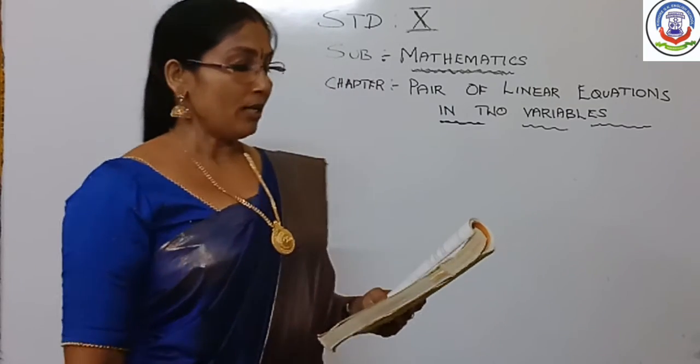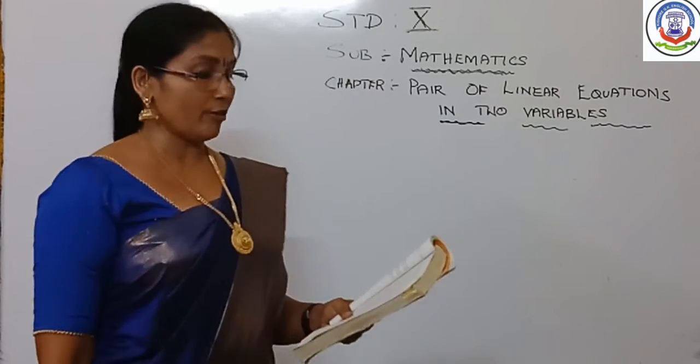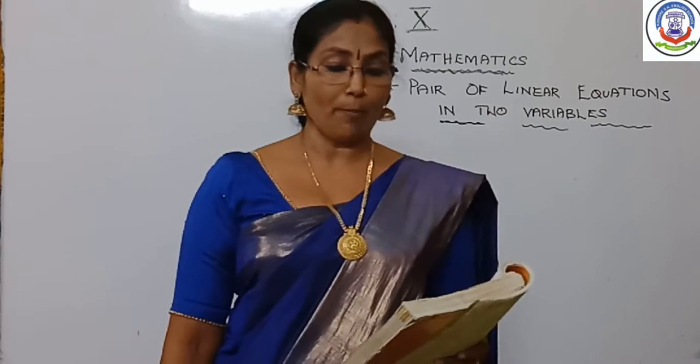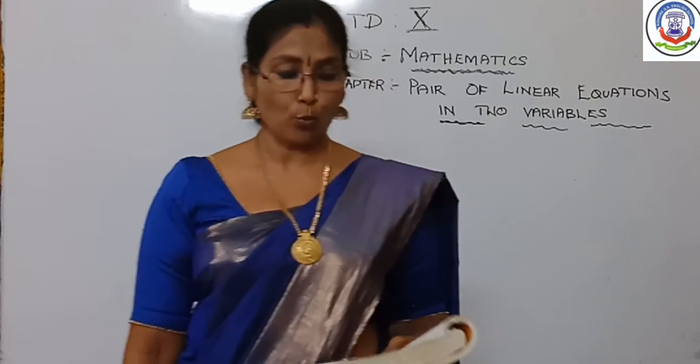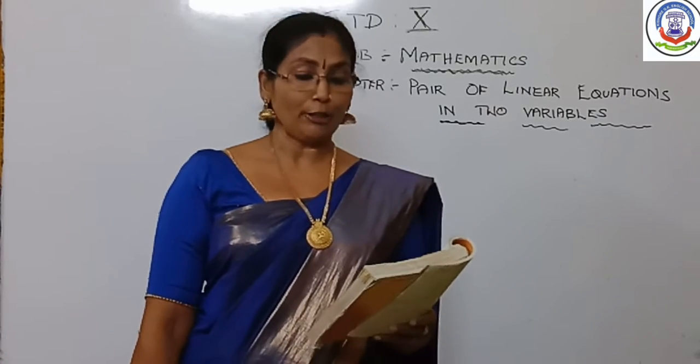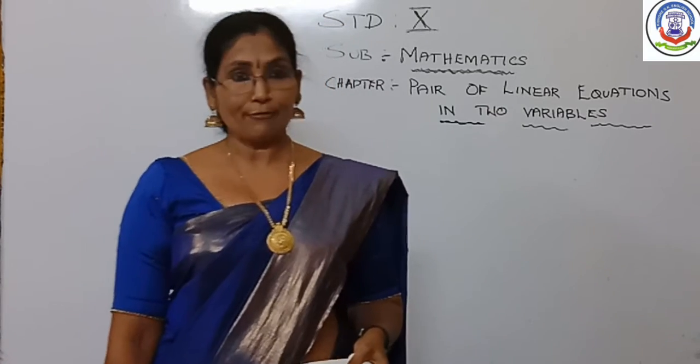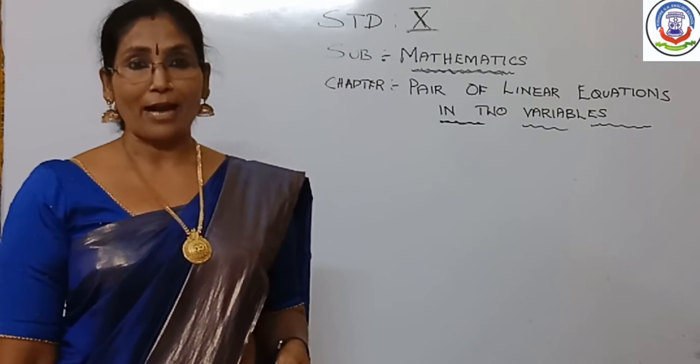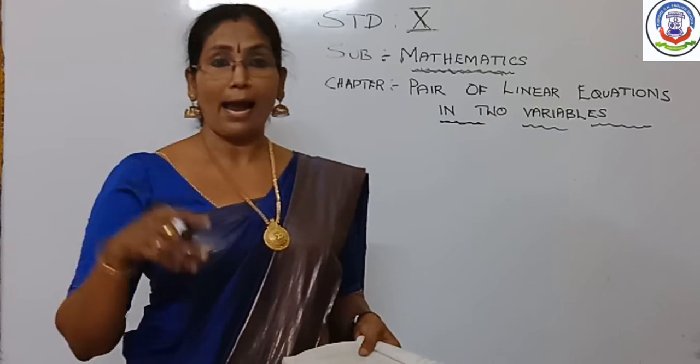First question. If we add 1 to the numerator and subtract 1 from the denominator, a fraction reduces to 1. If it becomes 1 by 2 if we only add 1 to the denominator, what is the fraction? As you all know, a fraction has a numerator and a denominator.